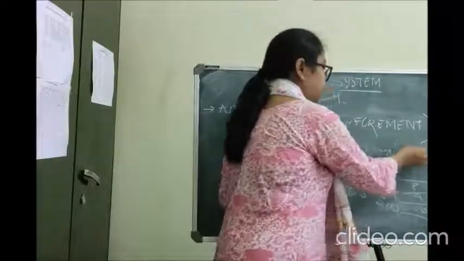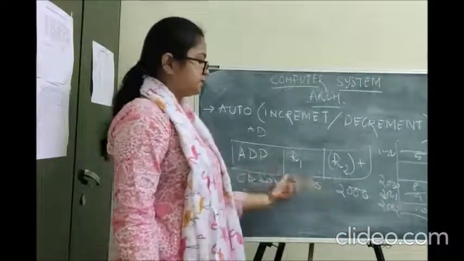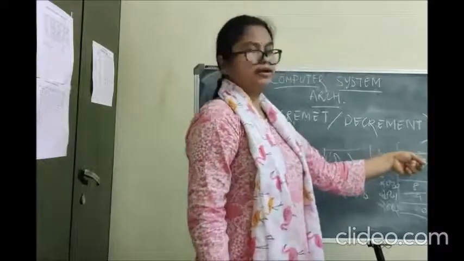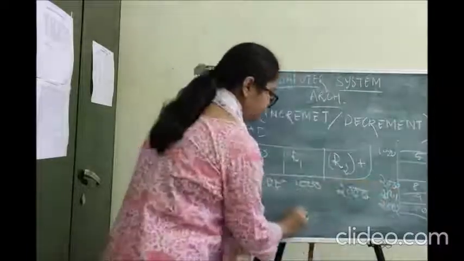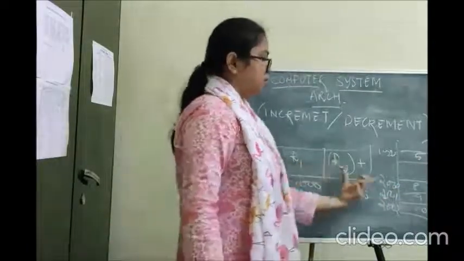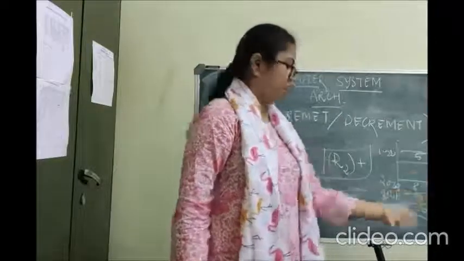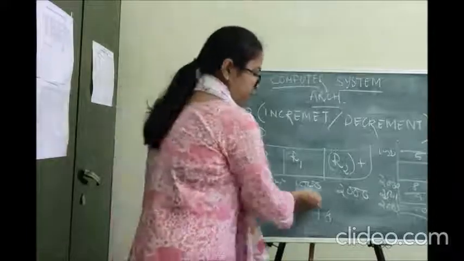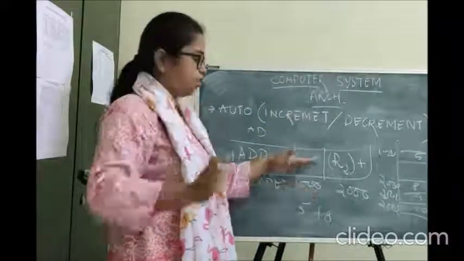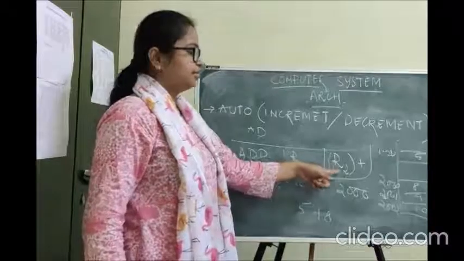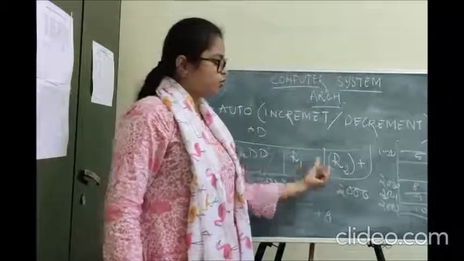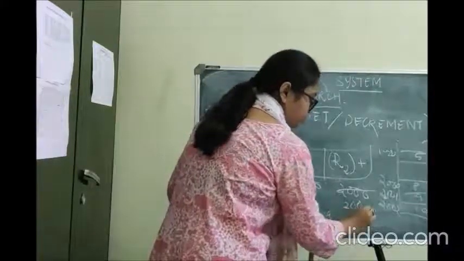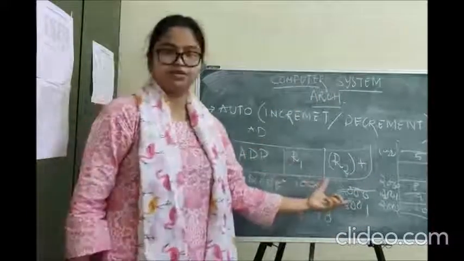On seeing this instruction, we go to R1, the effective address is 1000, and 1000 contains the operand, so 5 is fetched. We refer to 2000 and get the operand 8, and since the opcode is add, we perform the addition. Once it is executed, the content of R2 is automatically incremented to 2001.